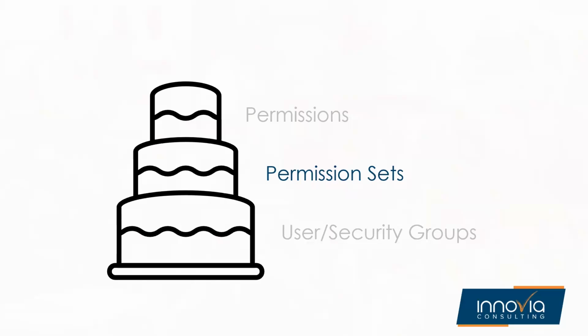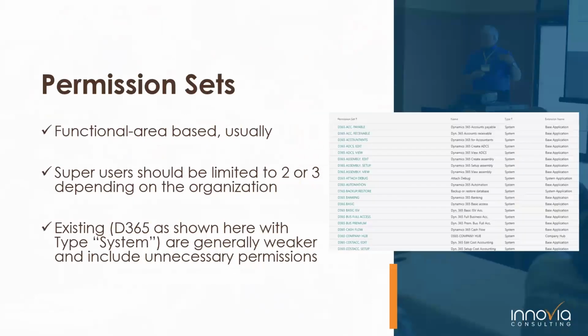All right. So we've looked at permissions. Now that we have an understanding of some of the detail involved with permissions, we can look at how we can group those permissions into something called permission sets. Permission sets are usually functional area based. For example, there are permission sets related to accounts payable, accounts receivable, and general ledger.